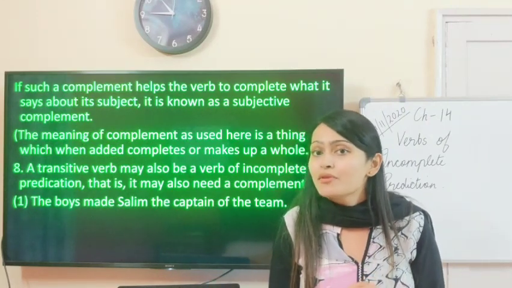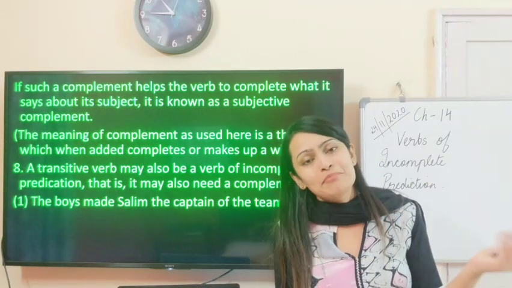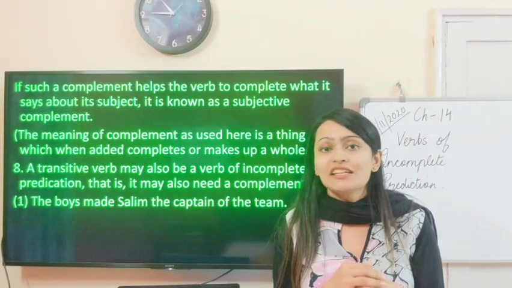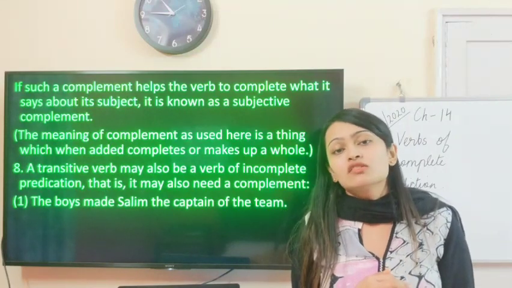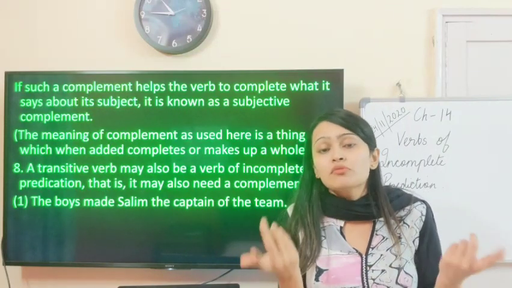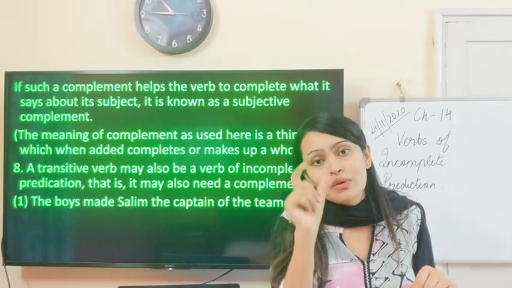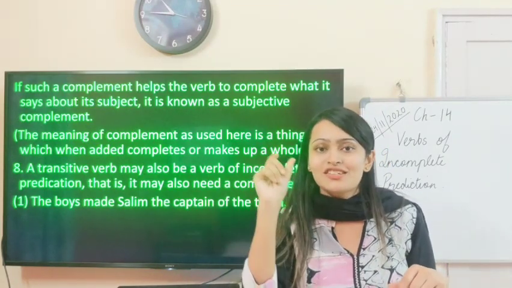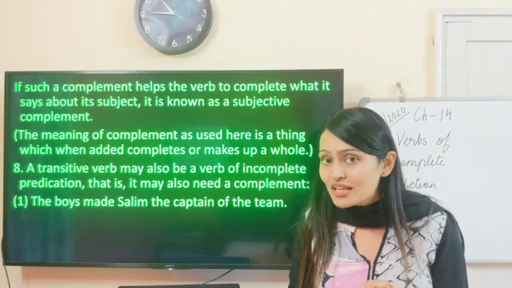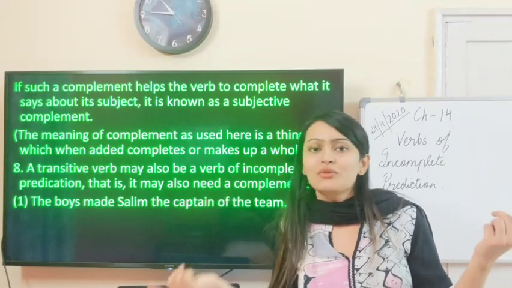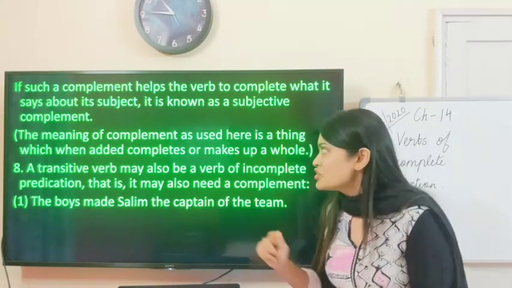Like I told you the example of Tansen sang, making complete sense. So it is an intransitive verb but does not need any extra words. Suppose the intransitive verb is not making sense, it needs the help of a few words, then it is a verb of incomplete prediction, and the words which are going to help it are the complement, subjective complement, because they are going to tell something about the subject.